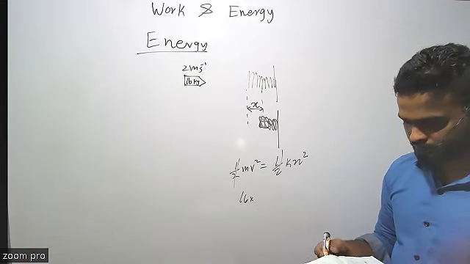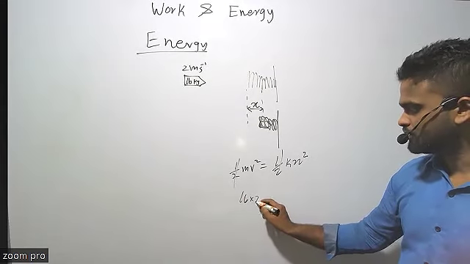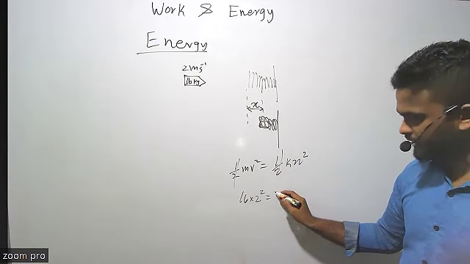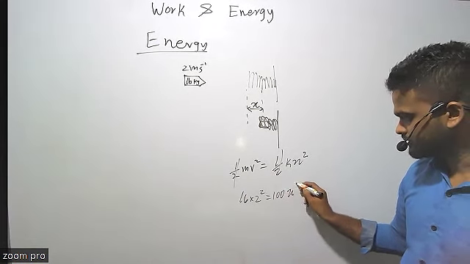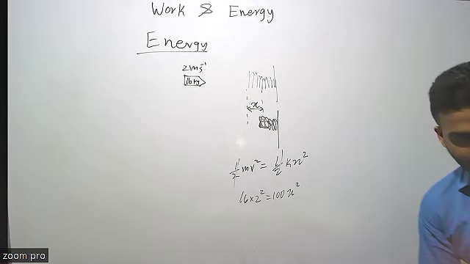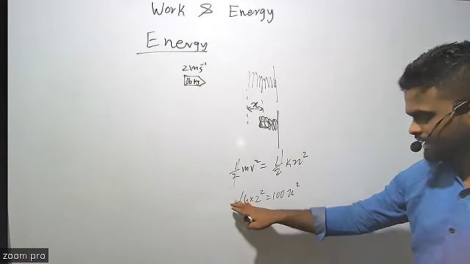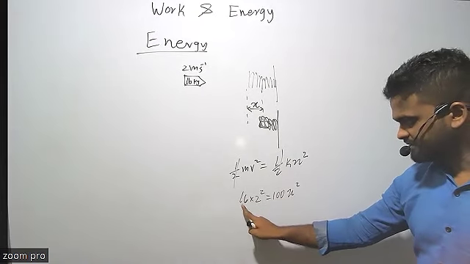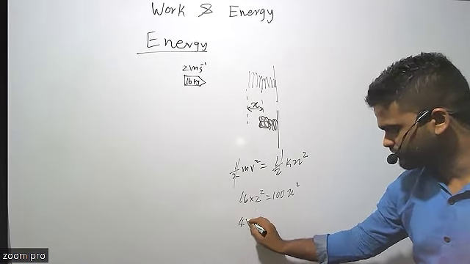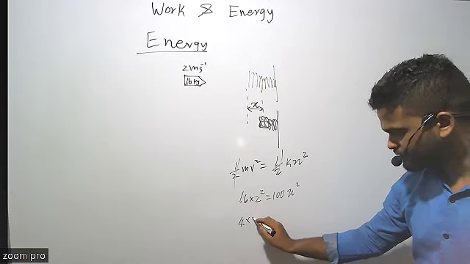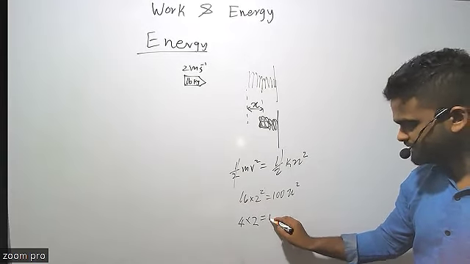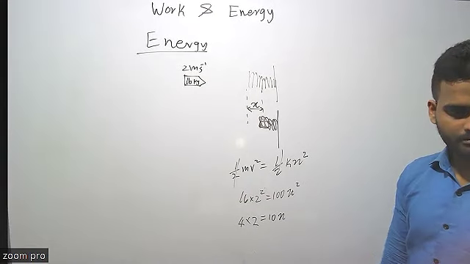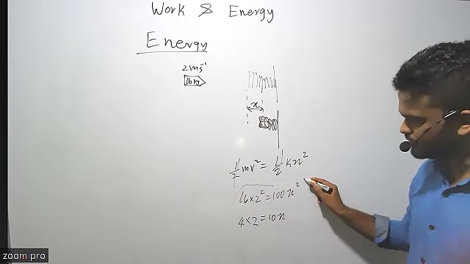16, velocity is 2 squared, k is 100, x squared. So what they ask is the compression. Take the square root of the whole equation. 16 root means 4, 2 squared root means 2, 100 root means 10, x squared root means x.